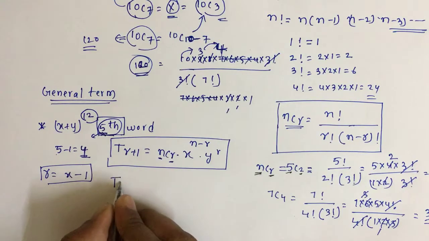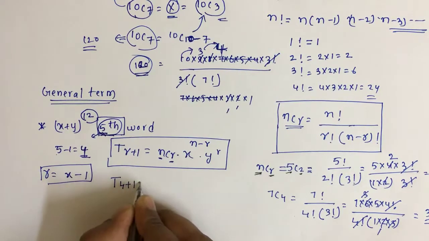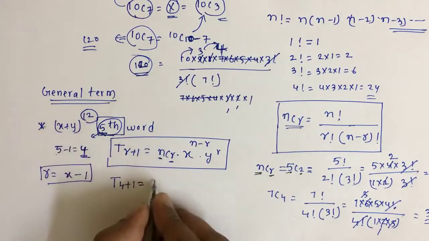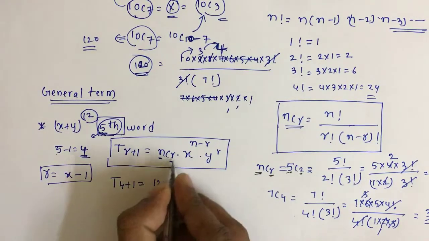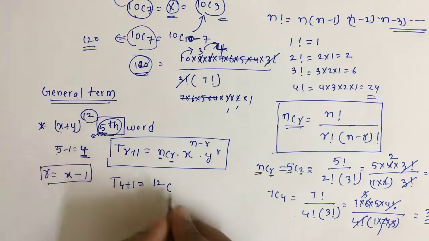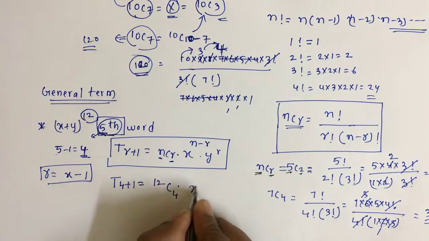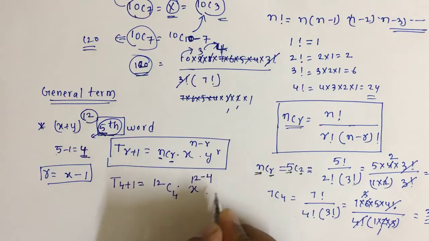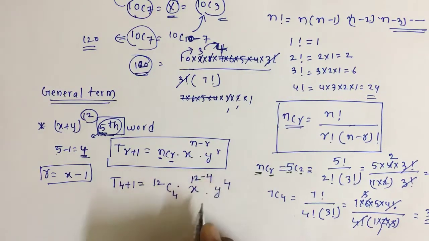So t_(4+1) is equal to, here the n value will be the power value, so 12C, the r value will be 5 minus 1, 4, and x^(12-4), and y^4.